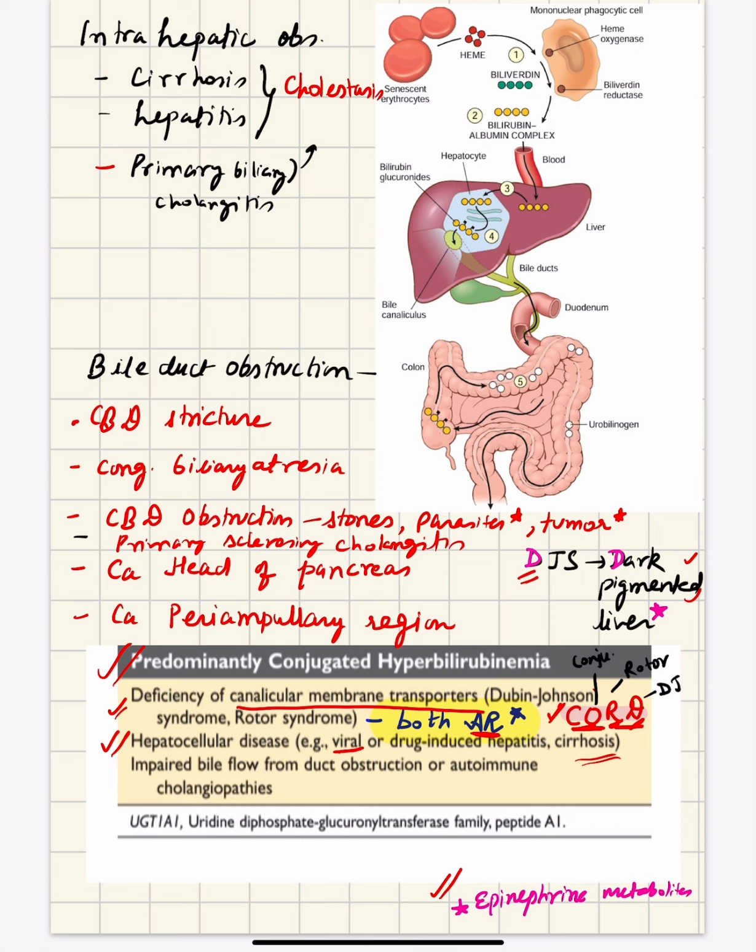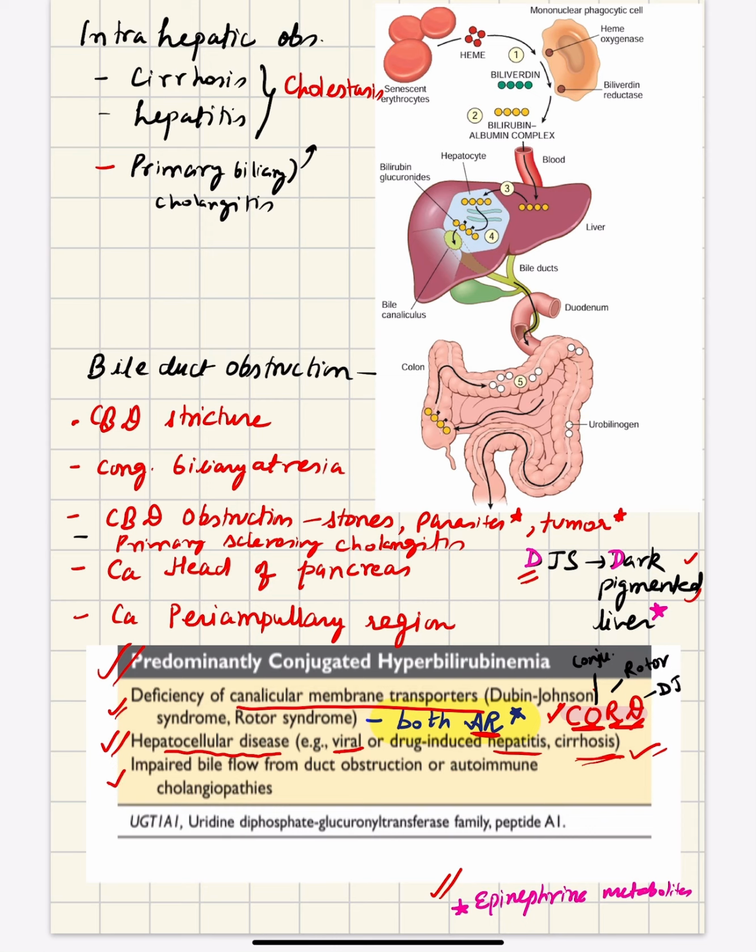In hepatocellular diseases like hepatitis, cirrhosis, the function of the liver is deranged. So it will conjugate bilirubin in a limited capacity. So there will be presence of both conjugated as well as unconjugated bilirubin in the serum.